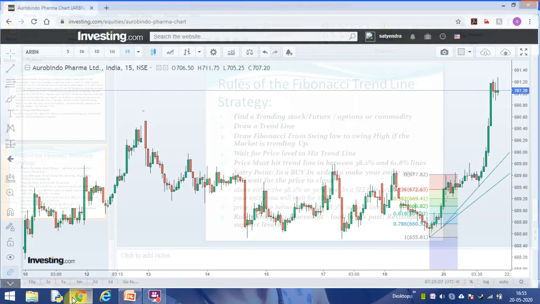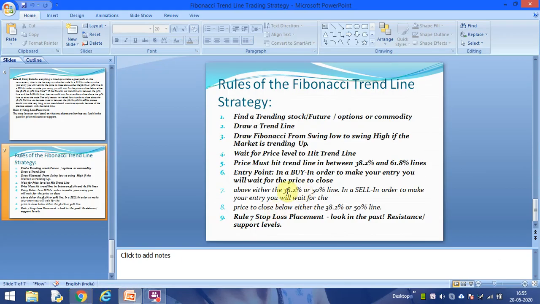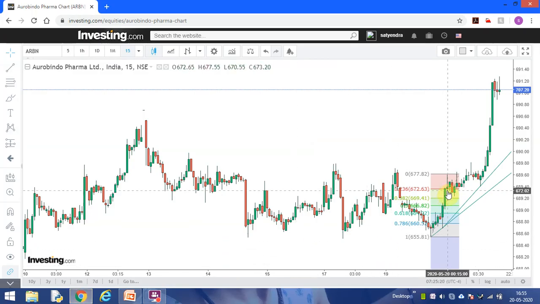The price should hit between 38.2 and 61.8. You see, the price has hit between 38 and 61, and this is the trend line.